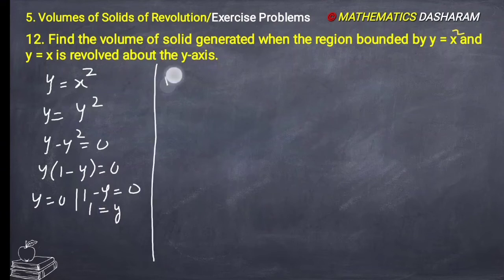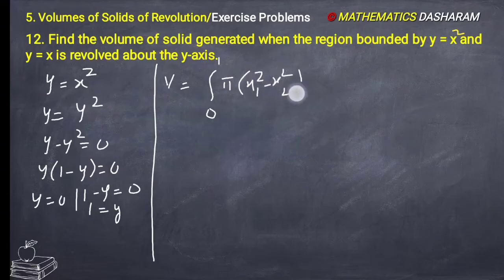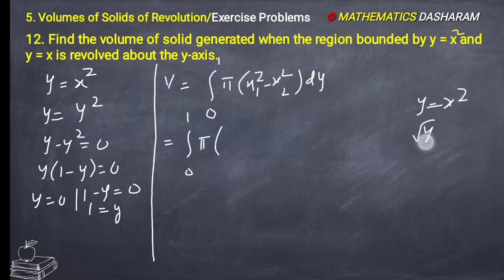So then the required volume equals integration 0 to 1, pi bracket of x1 squared minus x2 squared dy. So it is equals to integration 0 to 1, pi bracket of here x1 squared means, from this what is the x1 value, y equals x squared, under root, y equals x, so root y whole squared.